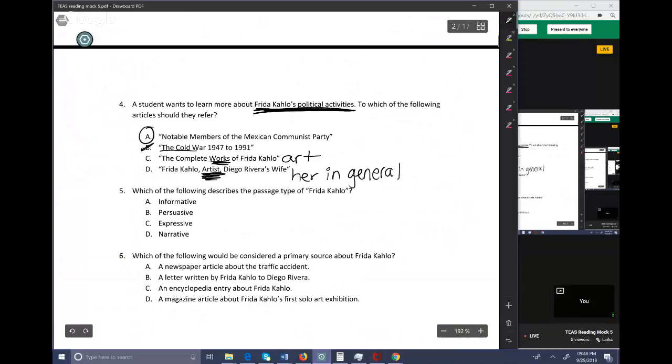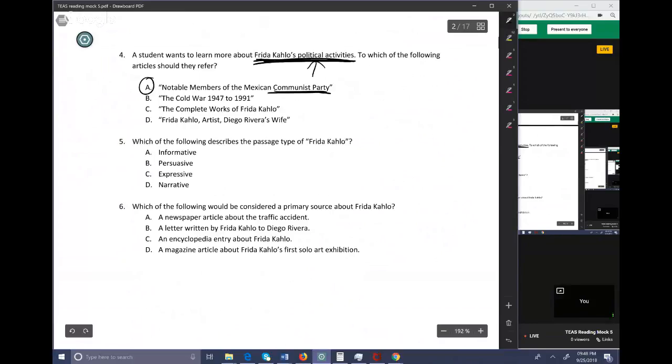So A is completely off, B is completely off topic, C would be about her art, and D we would assume would be about her, but we would certainly not have evidence to say it would be about her political involvement. You need exact evidence to say something is related to something really specific.